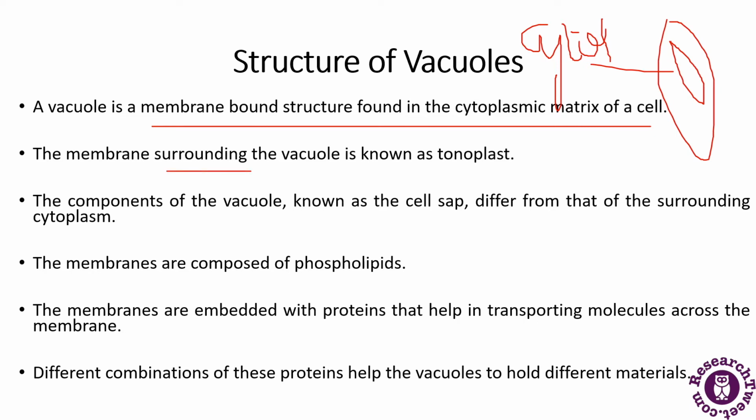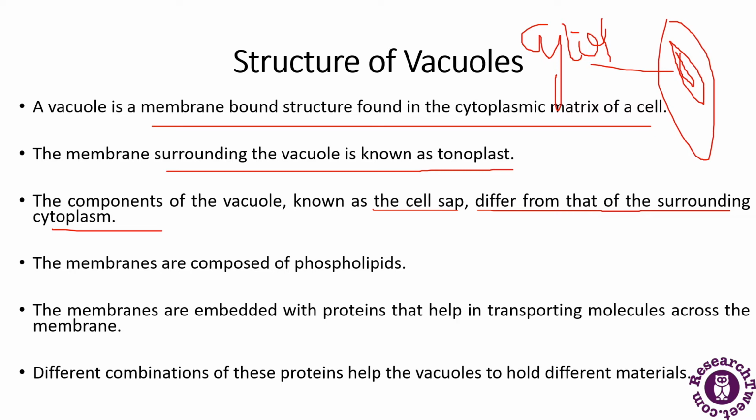The membrane surrounding the vacuole is called the tonoplast. There are various components of the vacuole, such as the cell sap, which are different from the surrounding cytoplasm.